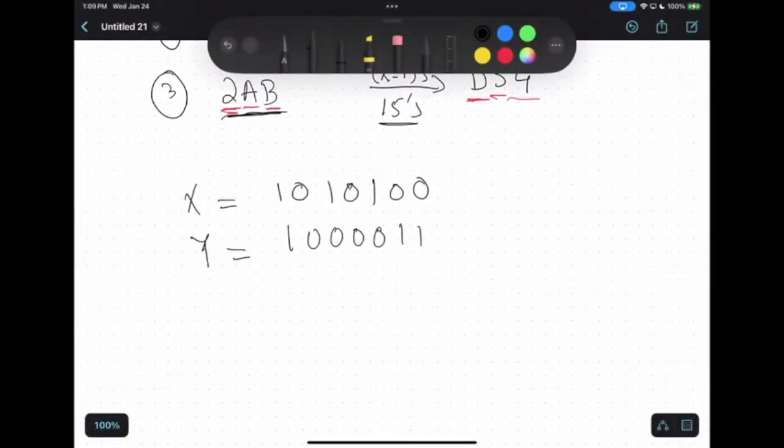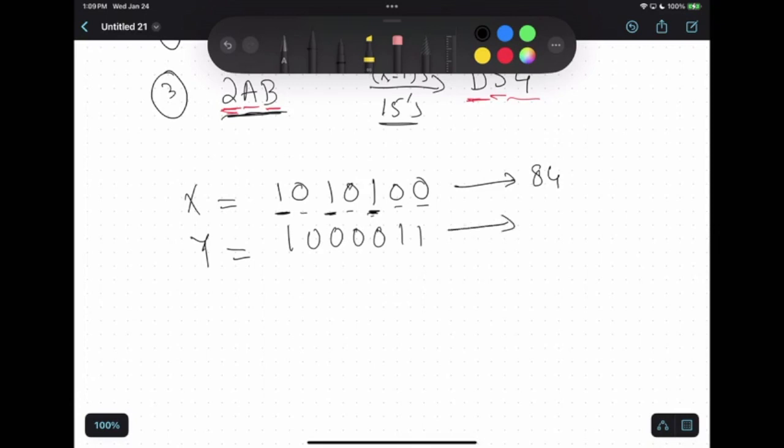What is this value in decimal? Can anybody convert quickly? Here, it is 1, 2, 4, 8, 16. 16 plus 4 is 20. 32, 64. So you have to add 64, 16, and 4, which makes it 84. You can quickly convert it.